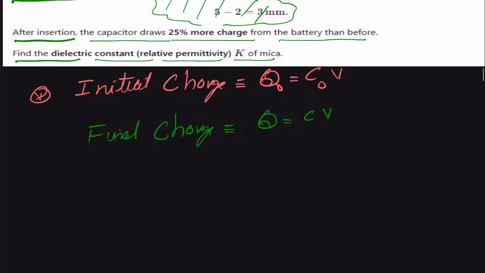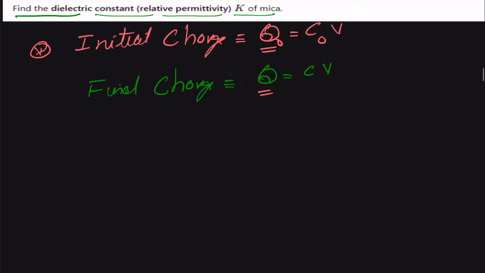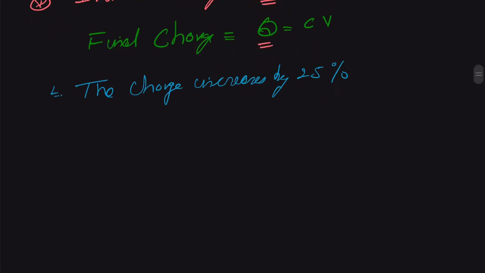It says that it draws 25% more charge, so we can find the relationship between Q naught and Q. We are given that the charge increases by 25%. Therefore, our final charge is 1.25 times Q naught.